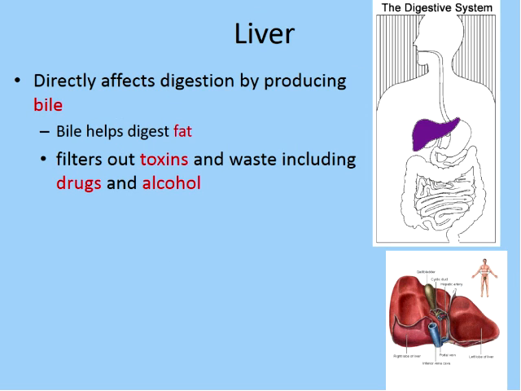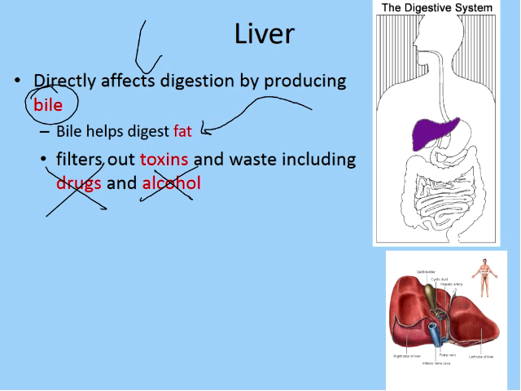All right, so the liver. The liver directly affects digestion by producing a thing called bile. Bile helps digest fat. It filters out toxins and waste, including drugs and alcohol, which none of you need to be worried about except for the legal ones you might be taking.